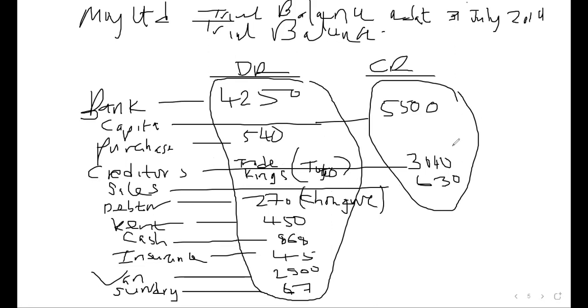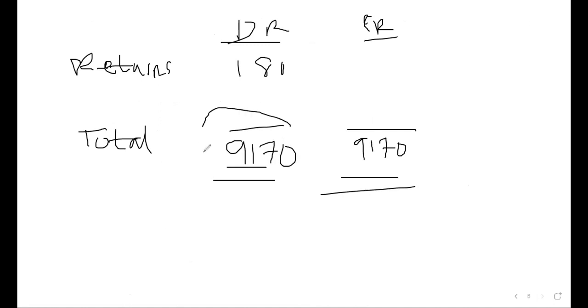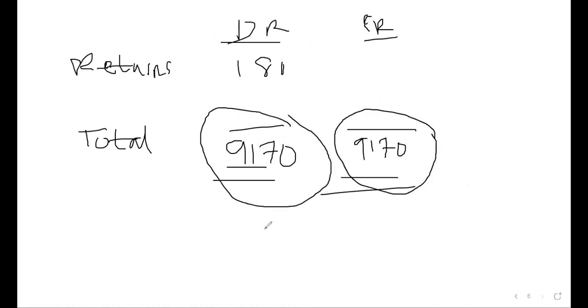All right, so the trial balance checks the accuracy of the double entry system. We can see that the addition of these has reconciled, because here we have 9,170 and 9,170, so it has actually balanced. So that's the term trial balance.